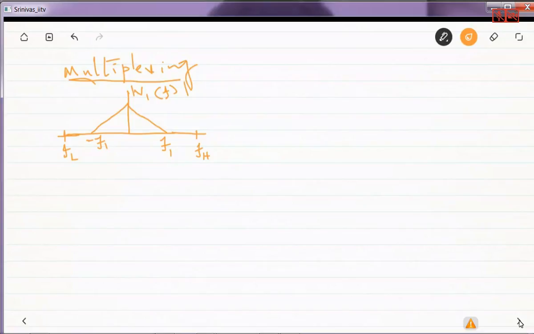This signal is occupying a spectrum from minus F1 to plus F1, right? And say there is another user who is trying to communicate, and his spectrum is something like this. Say his is F2, so it's minus F2 and plus F2. See this FL and FH, I am writing to indicate that they are in the same frequency range.